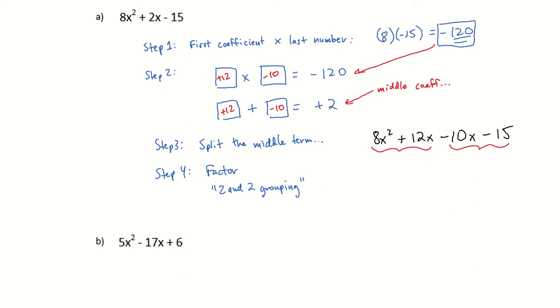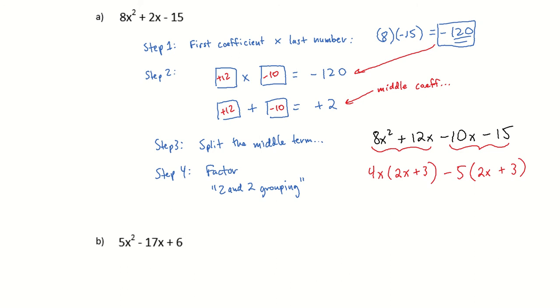Here we can take out a 4x, and I'd be left with 2x plus 3. In the second grouping, I can take out a negative 5, so minus 5, and when I divide each term by negative 5, I'd be left with 2x plus 3. So I ended up with the same thing in brackets in each case.